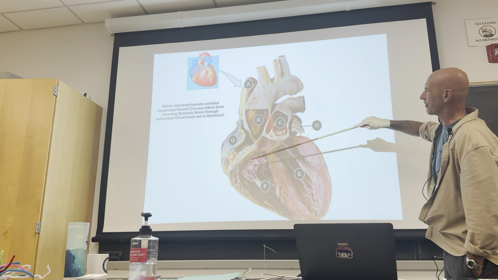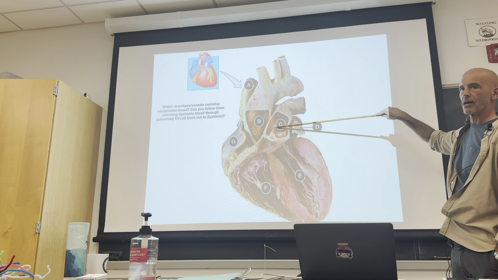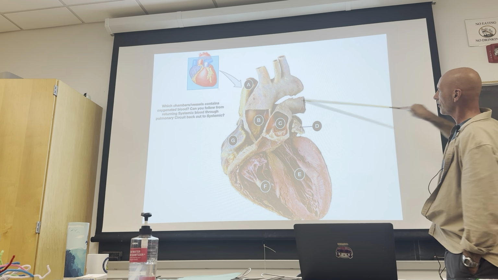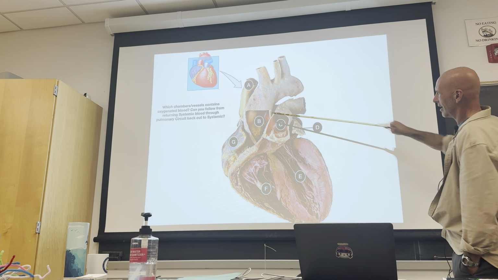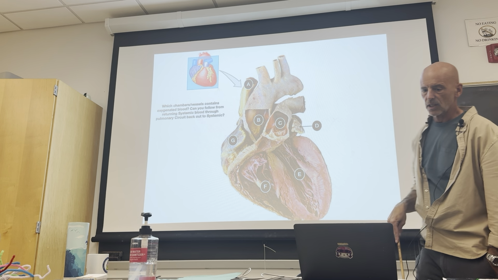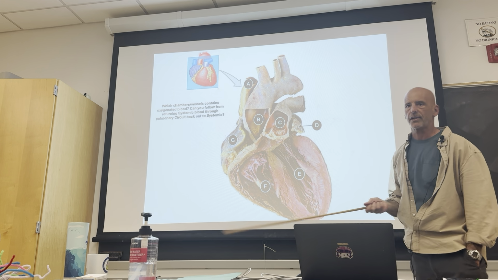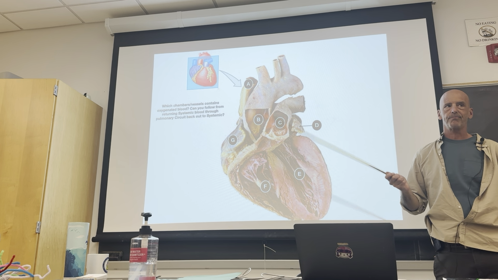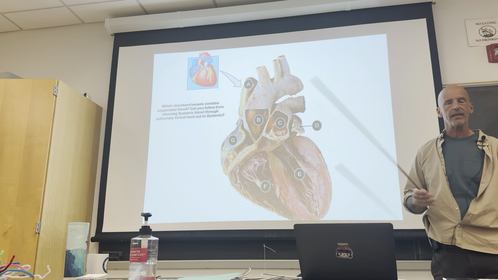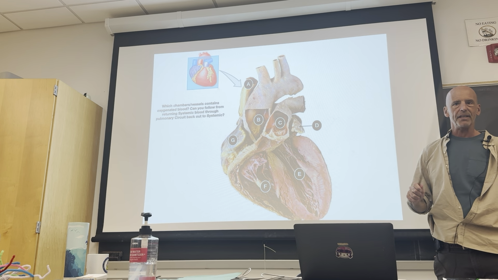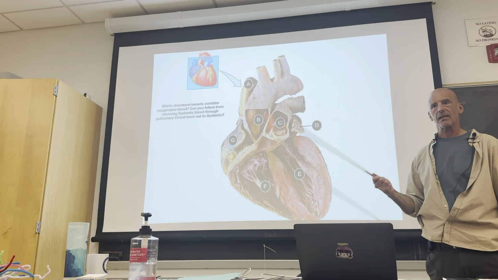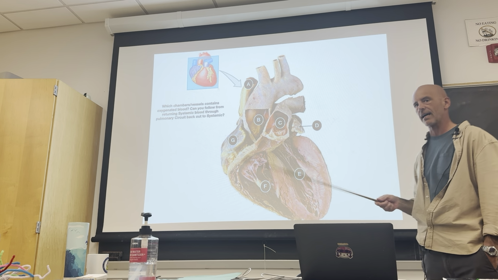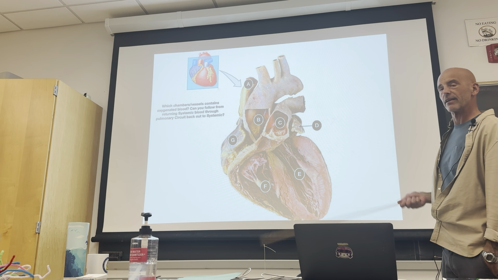The vessels leaving are your aorta and your pulmonary trunk. Those are going to your lungs and then the body. So you should be able to say which of the following is deoxygenated blood passing through, right AV valve or pulmonary valve or right atrium, out of a choice of other things that don't have that.